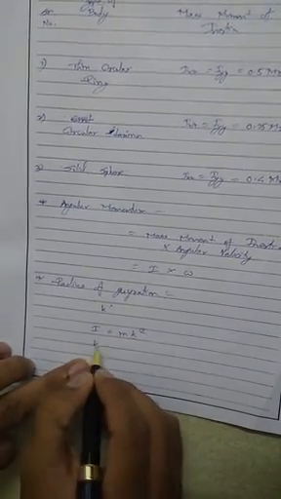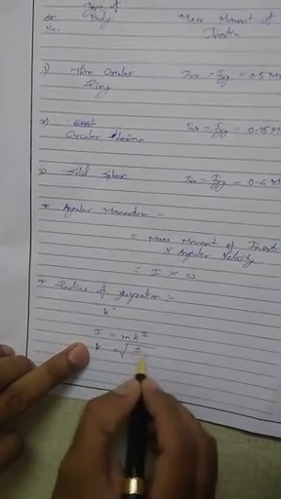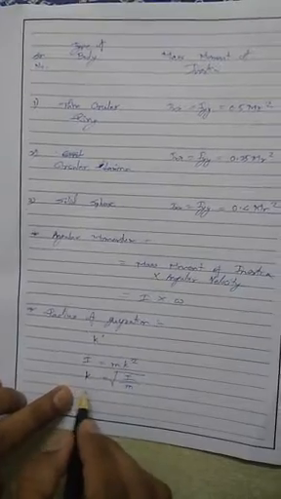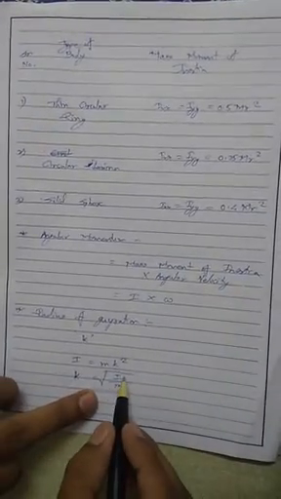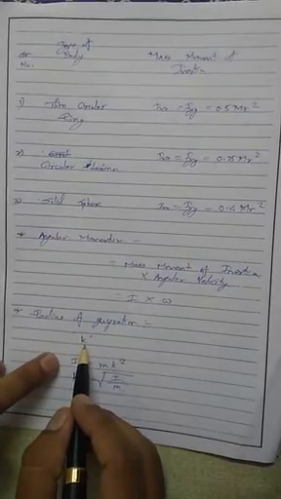From that we can find the value of radius of gyration as the square root of I divided by m. So radius of gyration is equal to the square root of mass moment of inertia divided by m. So k is the radius of gyration.